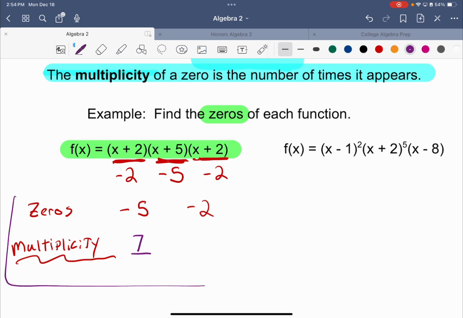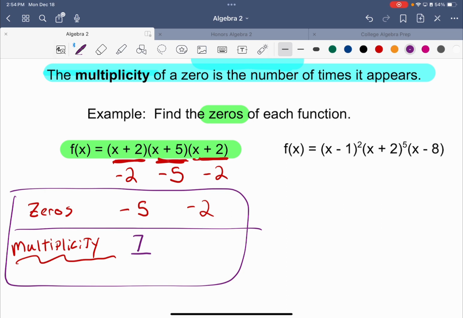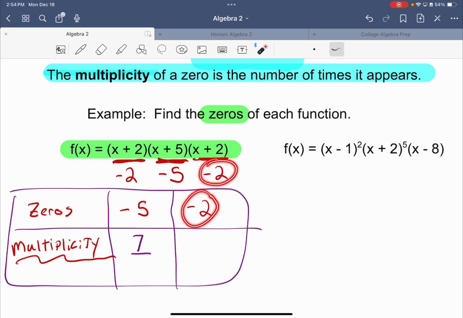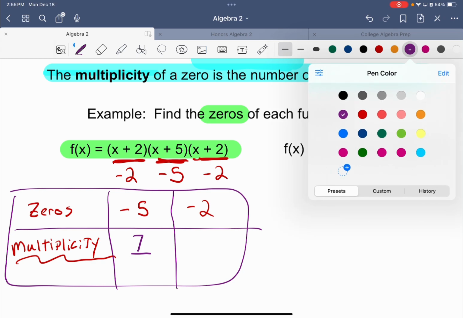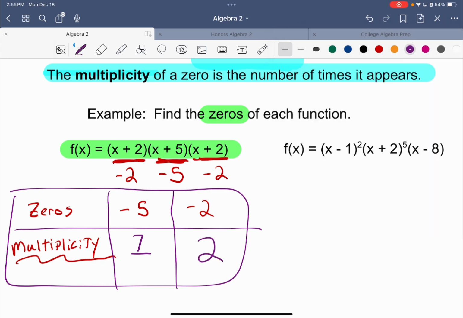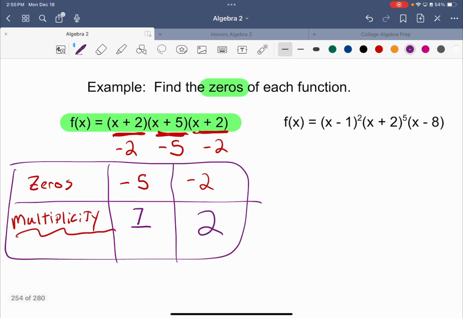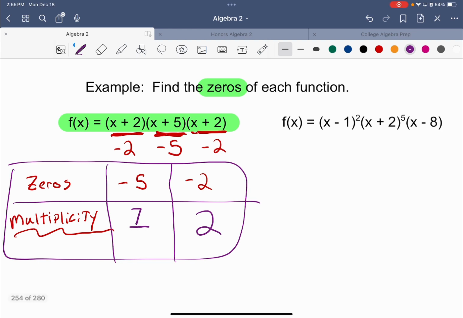If we think about this as kind of being a table type of thing, negative 5 has a multiplicity of 1 because it only occurs once. Negative 2 happens twice. So negative 2 has a multiplicity of 2. And that's how many times those things occur. Okay, so we can find the zeros and we can find the multiplicity.